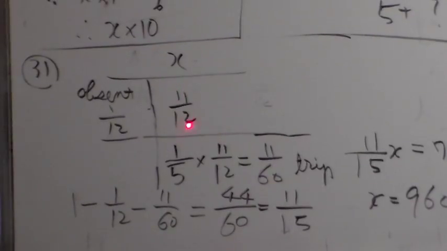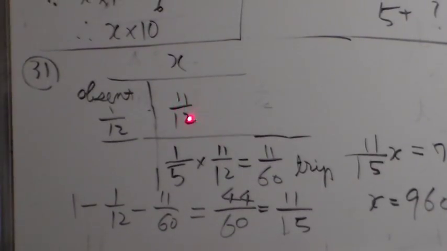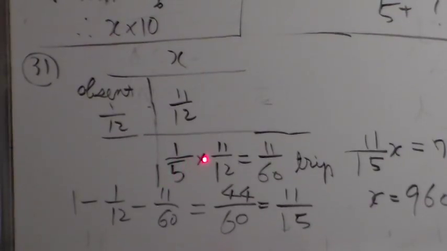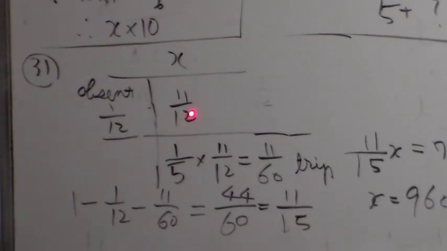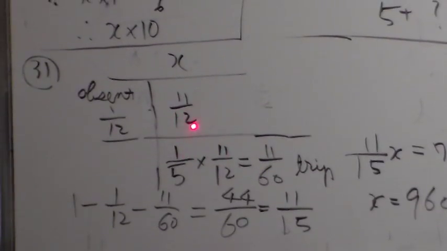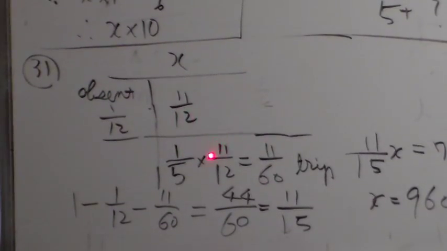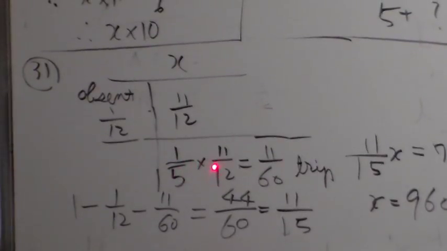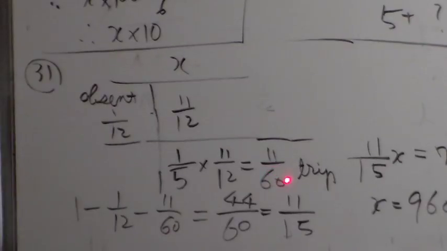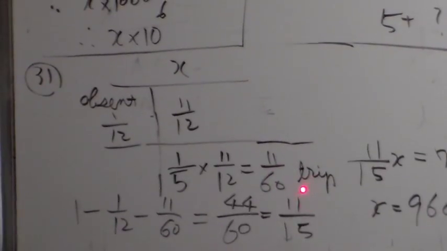Then students at school is 11/12. Then 1/5 are on a trip. So we have to figure out what is the actual portion of this. 1/5 times 11/12, so actually 11/60 is on a trip right now.